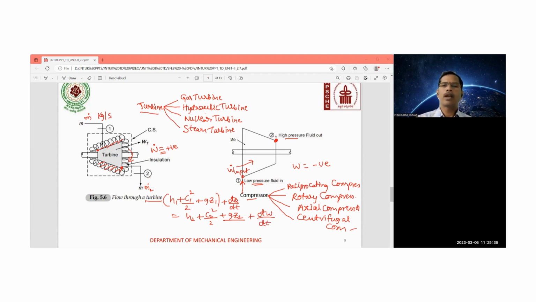That means here for a turbine it is positive, and for a compressor it is minus. This is what the student has to observe.